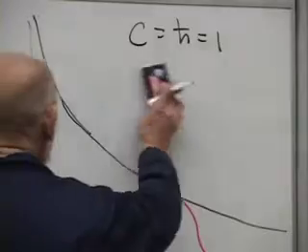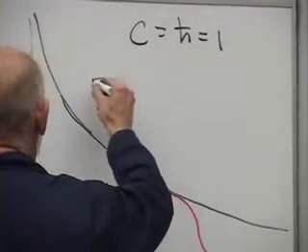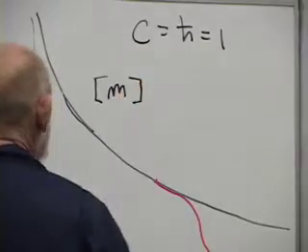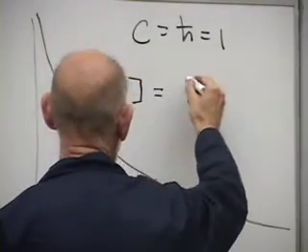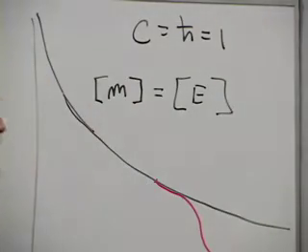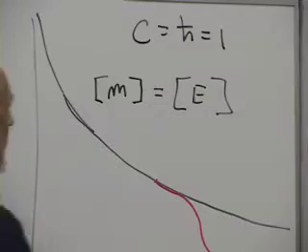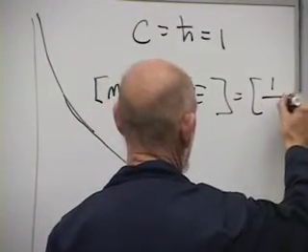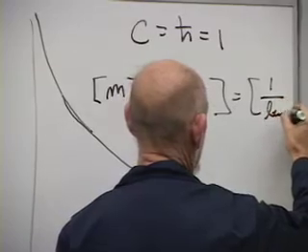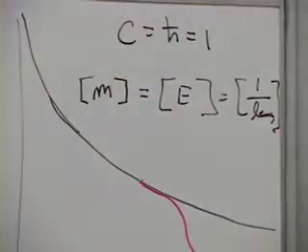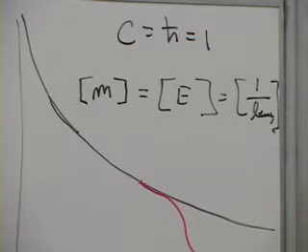The standard notation for the units of an object is to put a bracket around it. A mass has the same units as an energy. Well, why is that? That's because E equals mc squared, and if c is equal to 1, et cetera, et cetera. But they also have the same units as inverse length. Mass has the same units as inverse length.